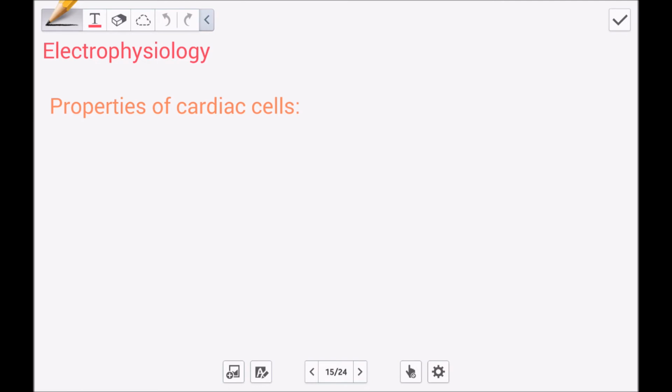So next, we're going to talk about some electrophysiology. And a simple rule about electrophysiology is that electrical always follows before mechanical. So I'm going to put here rule: electrical before mechanical.